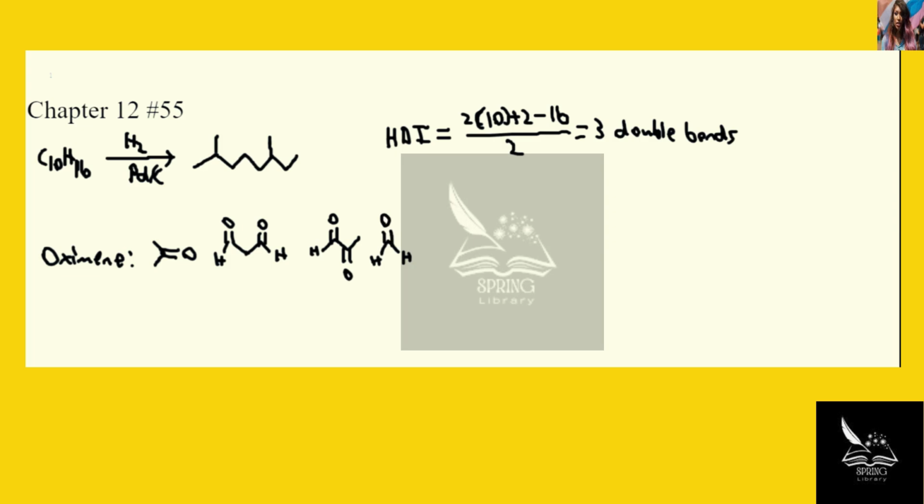We have these pieces, and the reason I drew them out this way is that we can just link carbonyl carbon to carbonyl carbon. Remember that instead of carbonyls, we're going to have double bonds between those two carbons.